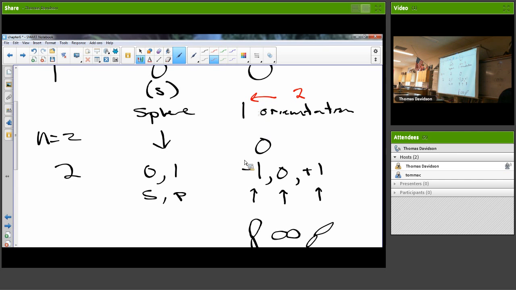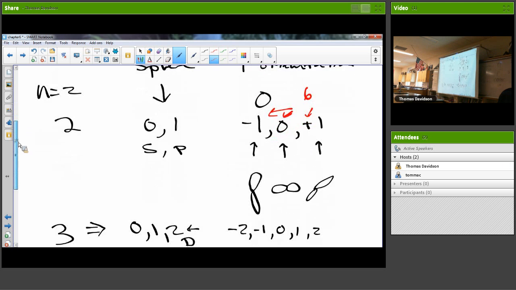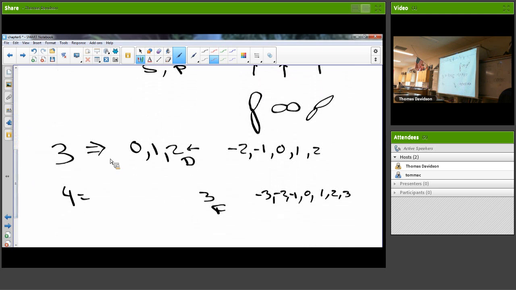If a P cloud has 3 different orientations, and each one can hold 2, a P cloud can hold how many? 6. And then I have my D. Each one can hold 2, so this would hold how many? 10 total, and this would hold how many? 14 total.